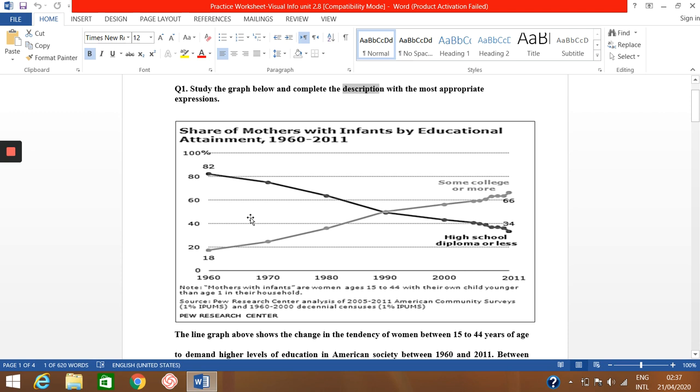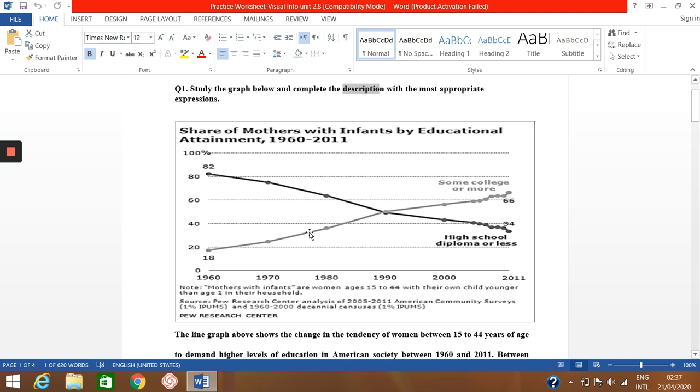Now, in the chart itself, there are two line graphs, as you can see here. One is dark black, and as you can see at the end here, this one shows the share of mothers who have high school diplomas or less. I mean, it starts by giving us their educational background, those mothers who have a high school diploma or less than that.